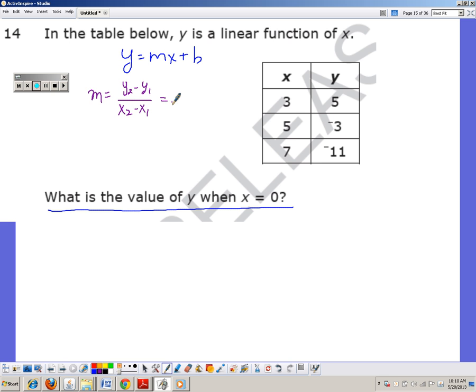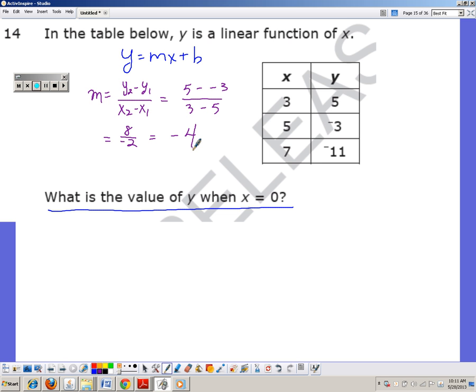So we have 5 minus a negative 3 over 3 minus 5. So 5 minus negative 3, as we said, is 8. 3 minus 5 is a negative 2. That means your slope is a negative 4.